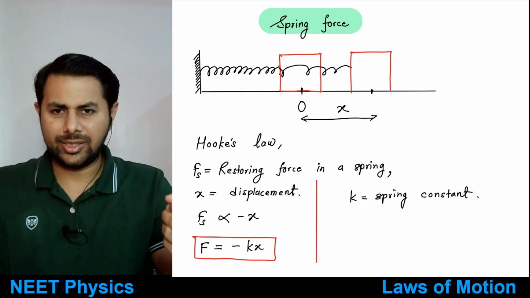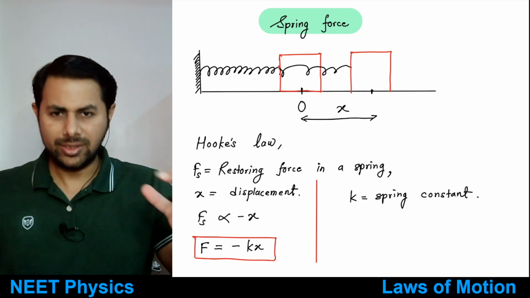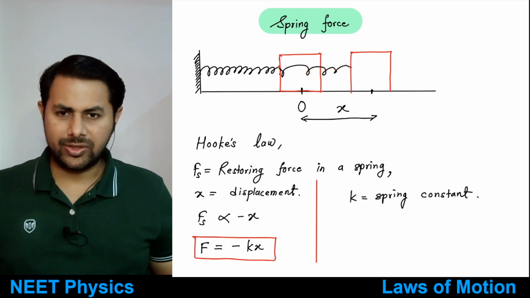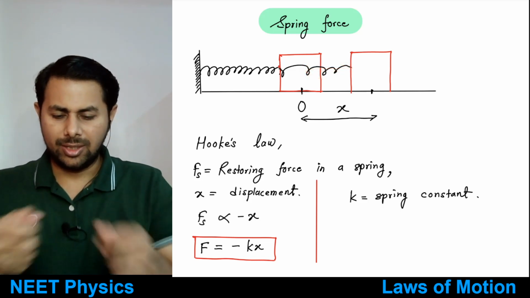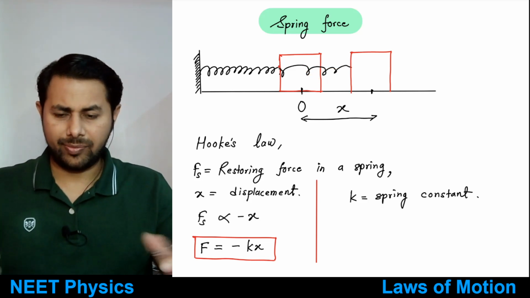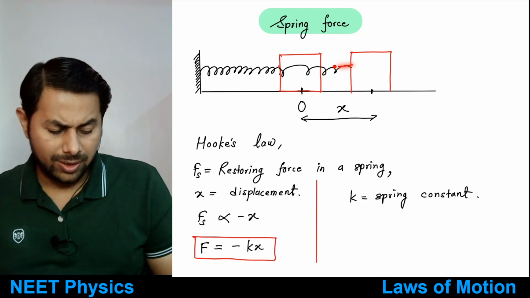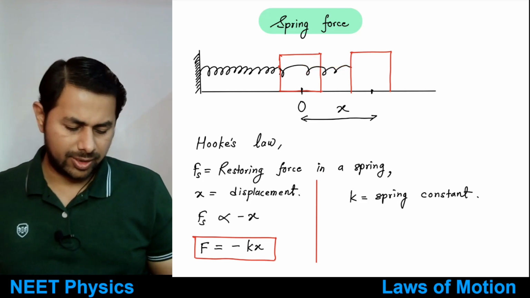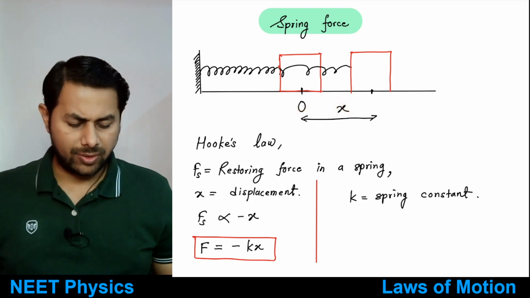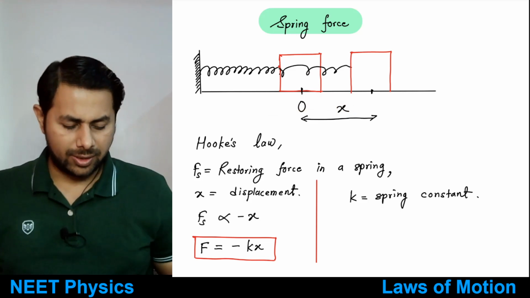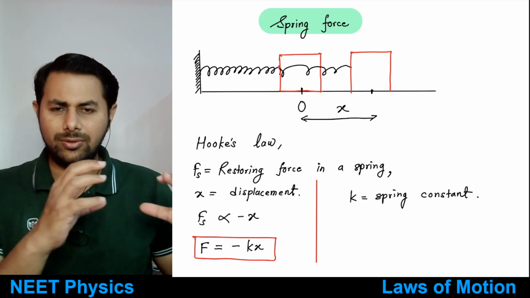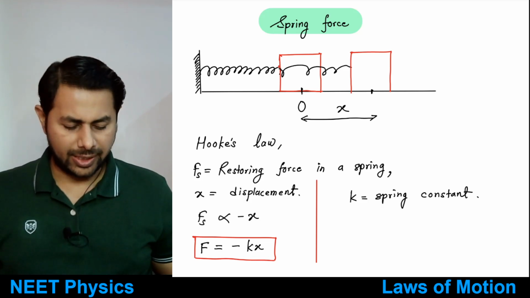If you release the mass, there is an internal restoring force generated in the spring which acts in the opposite direction of displacement. If there is elongation, the spring will try to restore it back to its original length. Let's say elongation is towards right, the restoring force will be towards left. The mass will be pulled towards left by the spring force when you release the external force.